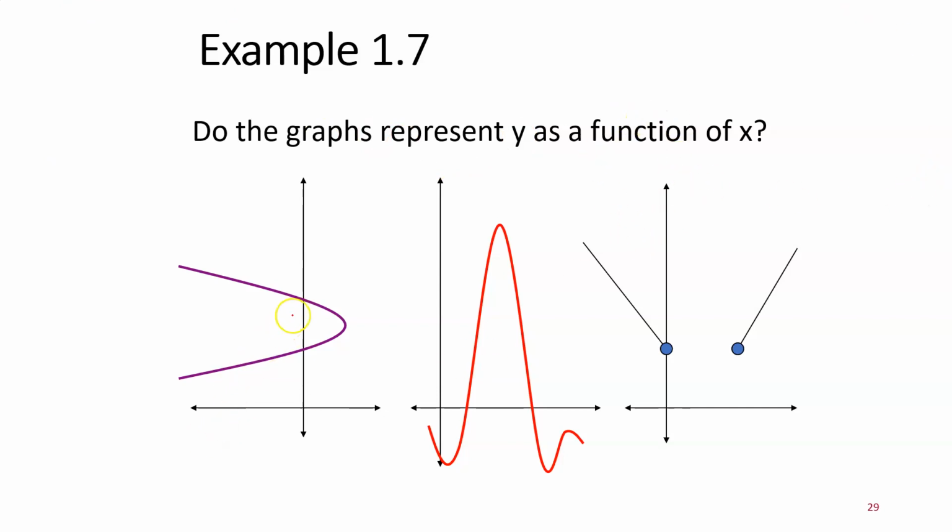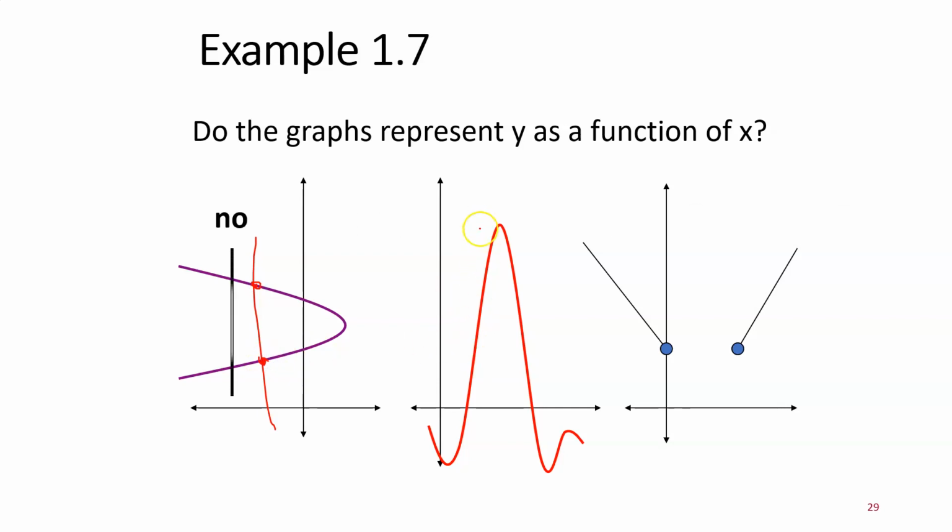Okay, so dekat sini dia bagi satu graph. Ada 3 graph altogether. So you need to identify whether each of these graphs is actually a function. So what we can do is perform the pencil test or vertical line test. So bila you draw a straight line, it passes through 2 points. So this is not a function.